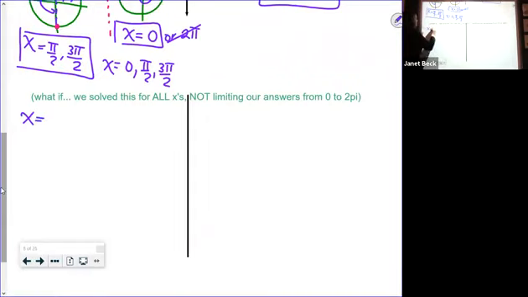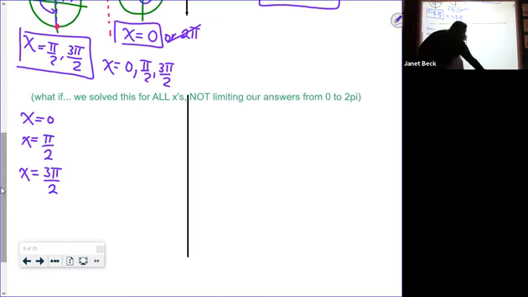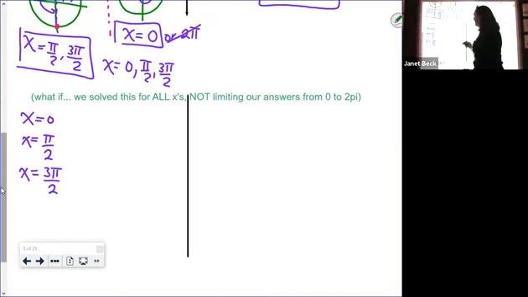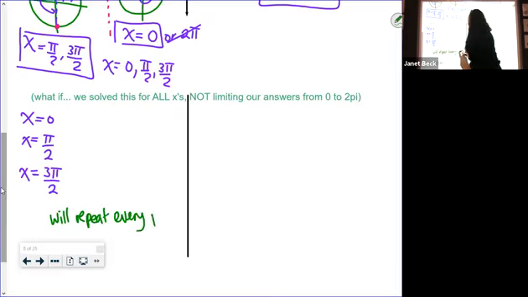So on this one, we had x equals 0, x equals pi by 2, and x equals 3 pi by 2. And we have to say these will repeat every period of the function.